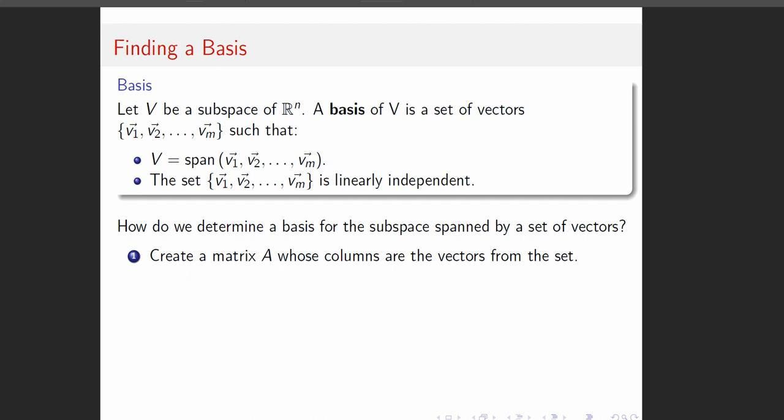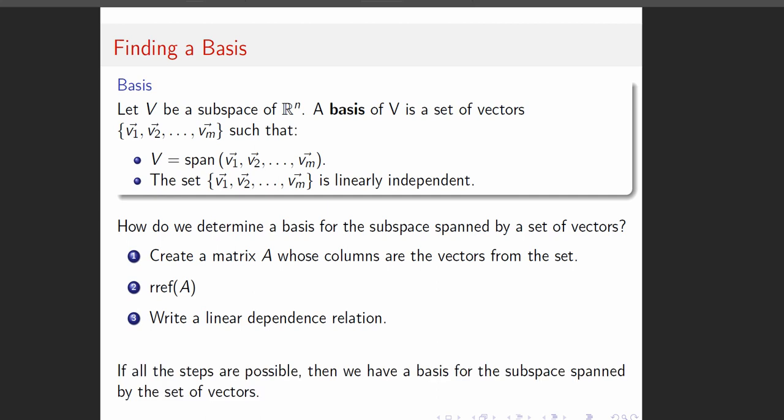So we create that matrix and we row reduce it all the way to RREF, reduced row echelon form. And why do we do that? We do that because we'll use the information from last section to write a linear dependence relation. Okay, well, it turns out that depending on how many pivots we have, we're going to have a basis for the subspace spanned by the set of vectors.